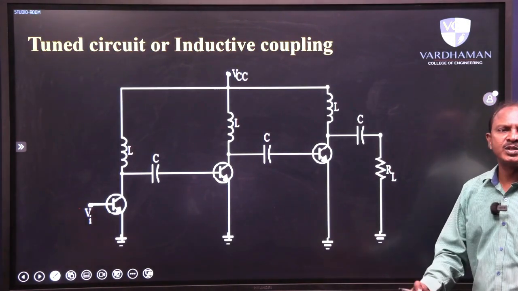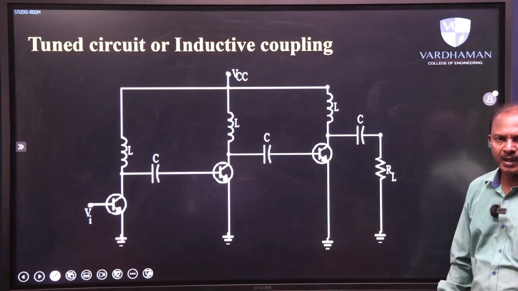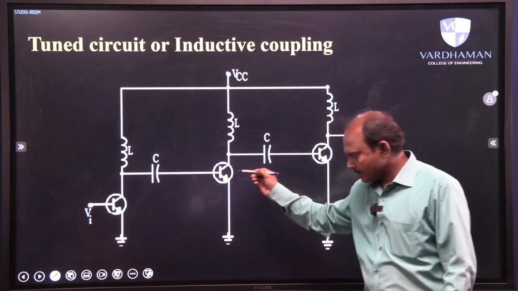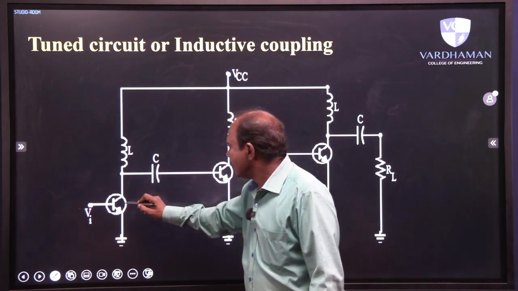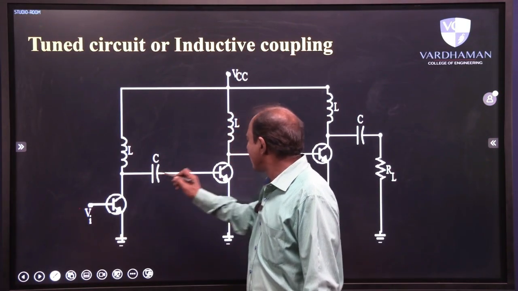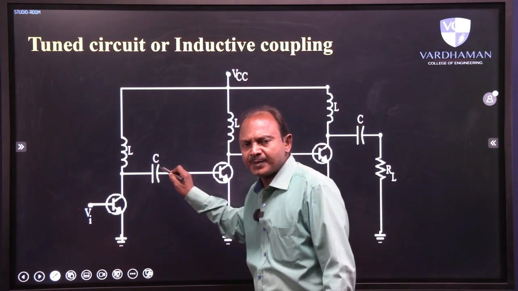Finally, let us look into tuned circuit or inductive coupling. If you look at the circuit diagram here, the example circuit I have shown, the output of the first stage is coupled to the second stage via an inductor or LC tuned circuit.